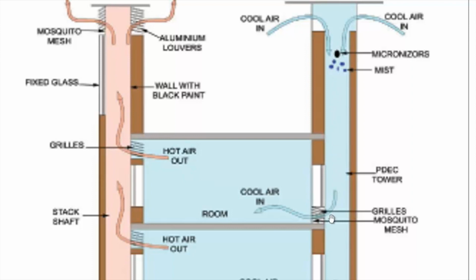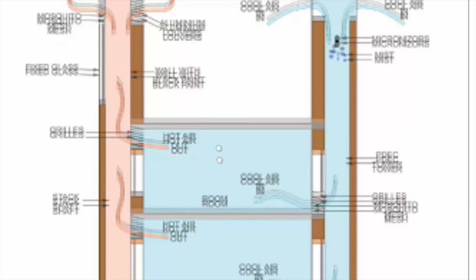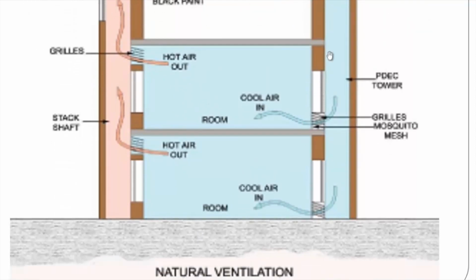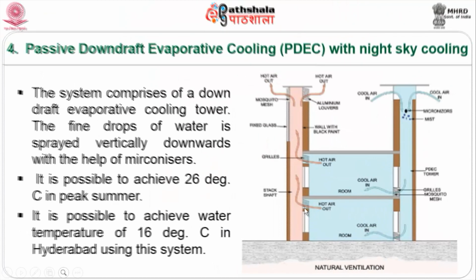As it comes inside, it finds an outlet into the room, and then because there is hot air here, because of glazing, the air tends to move out, and the indoor remains cool pretty much throughout the day. As the water drips here, there is a collection system to remove the water.